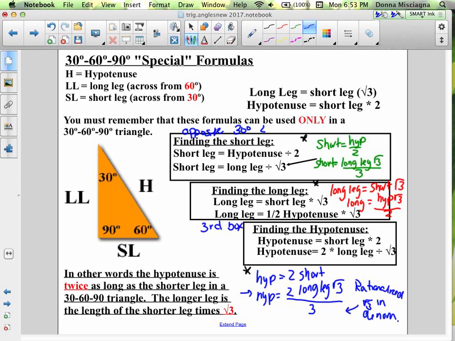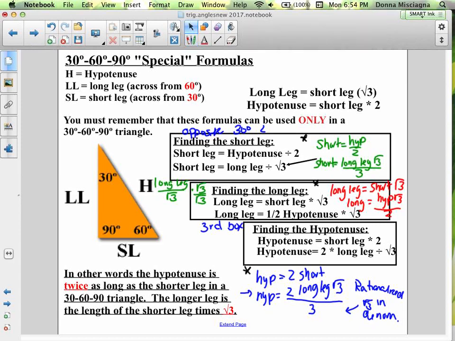So when we rationalize, actually I'll put it in green so I stay consistent with the color there. Long leg divided by square root of 3, we'd multiply by square root of 3 over square root of 3. So that now would become square root of 9 in the denominator, or 3. That's why we have a 3.